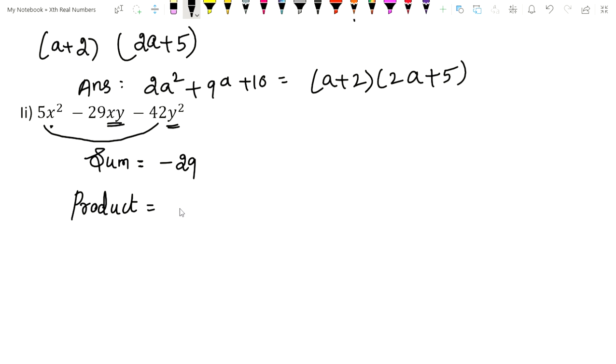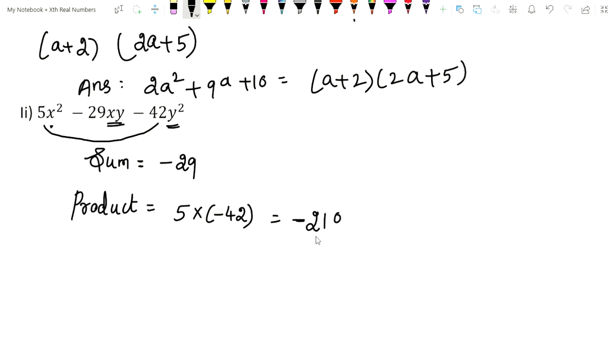So 5 into minus 42. 5 2s are 10, 0, remaining 1, 5 4s are 20, 20 plus 1, 21. Plus into minus, minus. So the product is minus 210. Here sum is negative, product also negative.